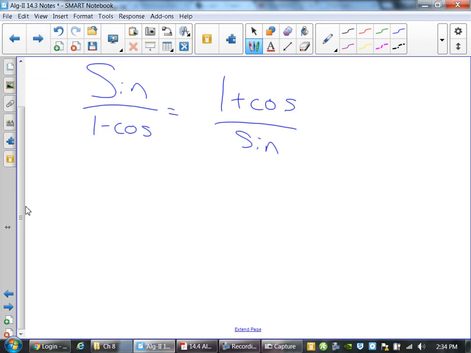But what did you do when you did this? After you cried, what did you do? Multiply by what? 4 plus I. You multiplied by a conjugate, didn't you? You created a difference of squares in the denominator by multiplying by some factor of 1. What did you do when you had this?